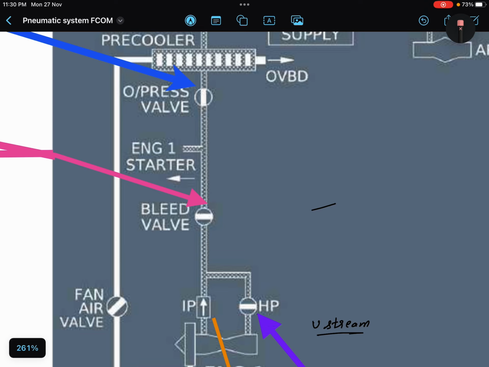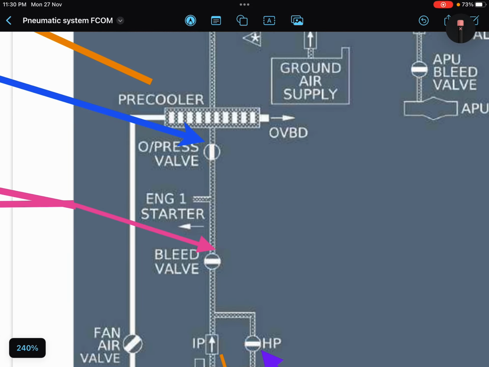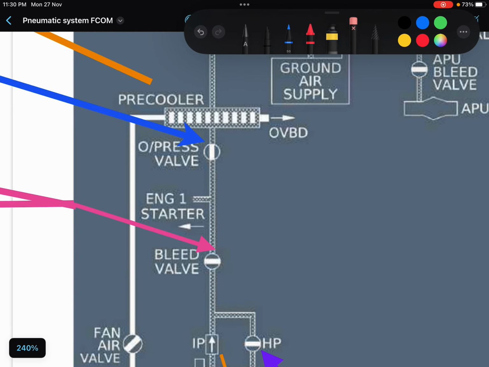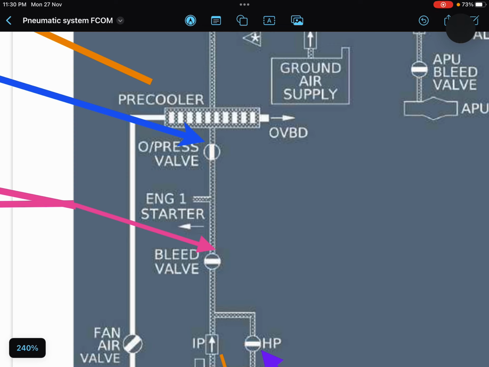So there will be a temperature of, I think, if I'm not sure, please don't take these numbers into your serious consideration. I am not an engineer, but I have read somewhere that the temperature is around 300 or I think 400 degrees Celsius.